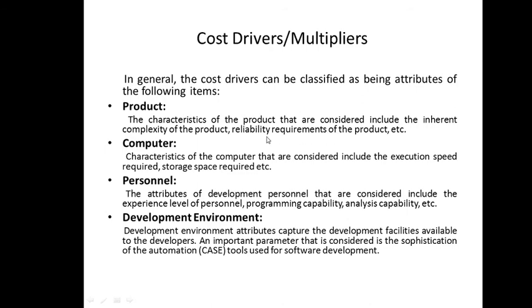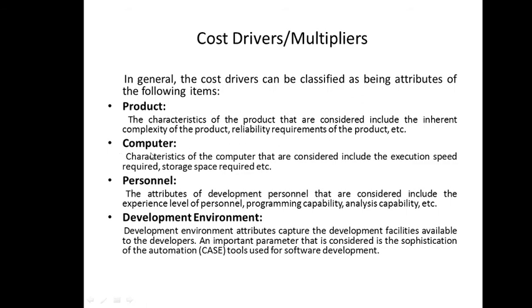If you want your software to be reliable, you require more effort. In turn, they are directly proportional, so time and cost will increase. Similarly, security can be one of the parameters. So the characteristics relevant to a product are considered here: complexity, reliability, security, maybe more.